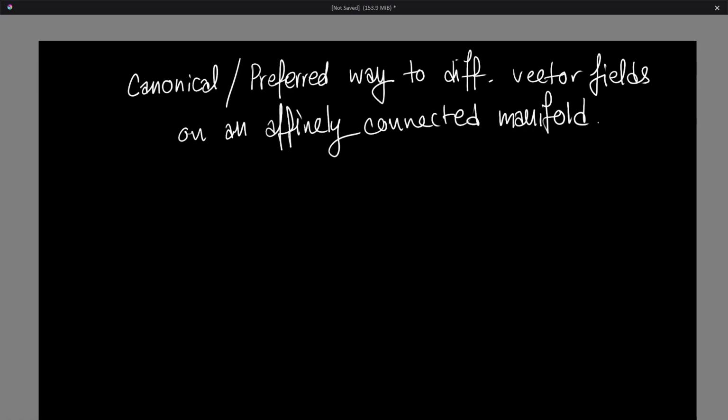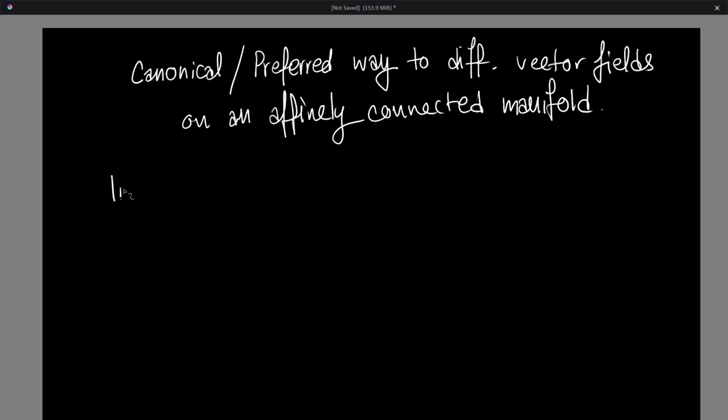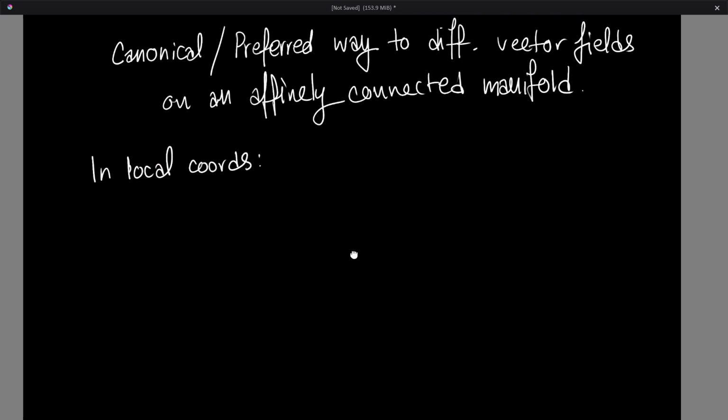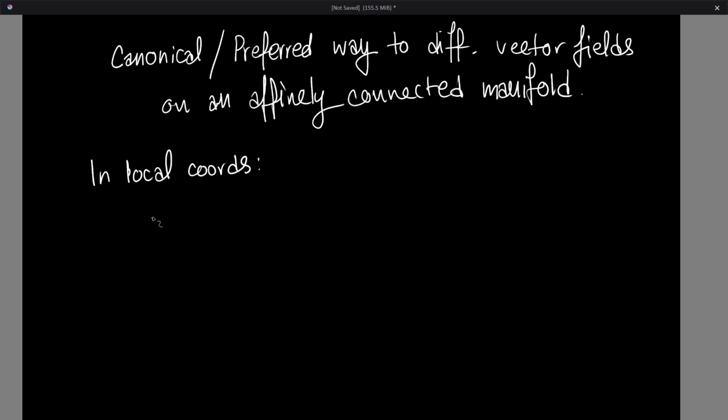So right, and in local coordinates, the Levi-Civita connection ends up having, let's say, coefficients that look like this. We're going to need to define a few things here.